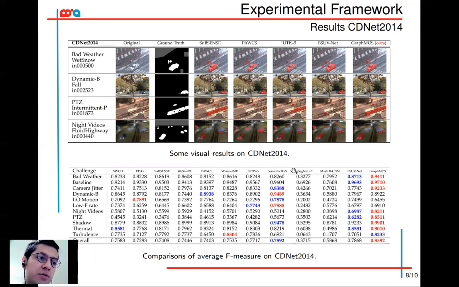These three methods are deep learning methods, and they are also using an unseen videos scheme. And these algorithms are unsupervised learning methods. You can see that our method has a good performance, but we still have some problems in some of the challenges.